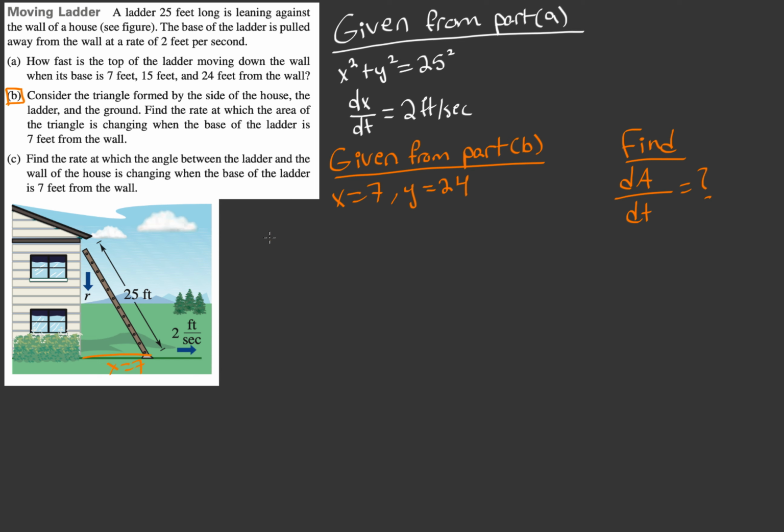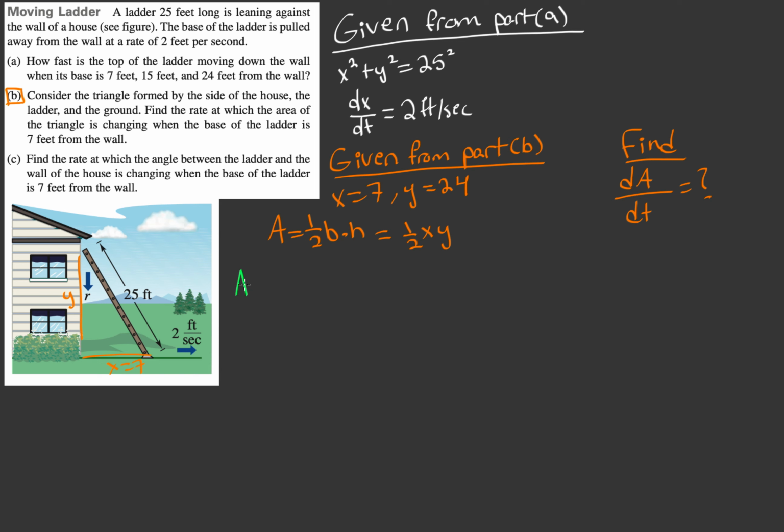If you remember, it's A equals 1/2 base times height. Well, we can call x the base, and we can call y the height. So this will be 1/2 xy. That's our area equation. So this is everything that is given to us. So let's start solving from there.